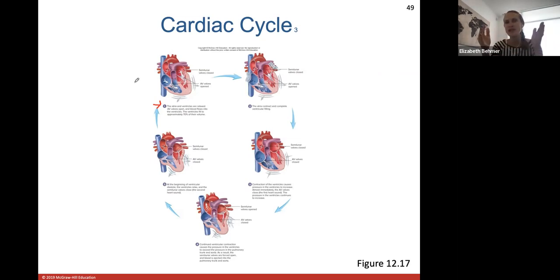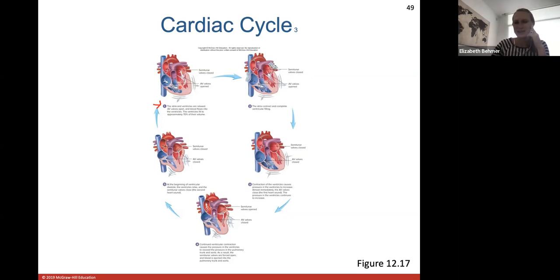So during your first phase of the cardiac cycle, and remember that the cardiac cycle is one heartbeat, the cardiac cycle is everything that happens within one heartbeat, you see the white arrows refer to blood flow as your ventricles are filling with blood from the atria. So you see blood flow with the white arrows going from your atria on both sides of the heart to fill up your ventricles with blood.